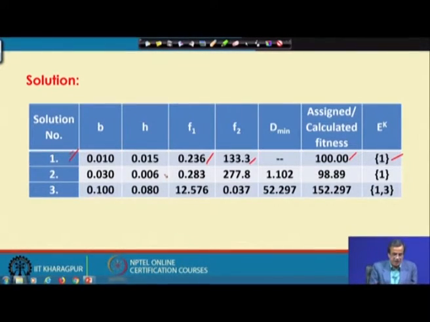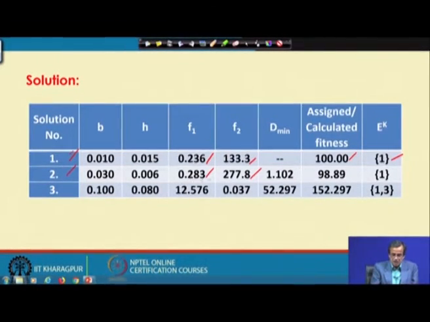Now, once we have done it, next we go for the second solution, and once again B and H values are selected at random, lying within their respective ranges. Now, using the expression for these two objectives, we calculate F1 and F2.